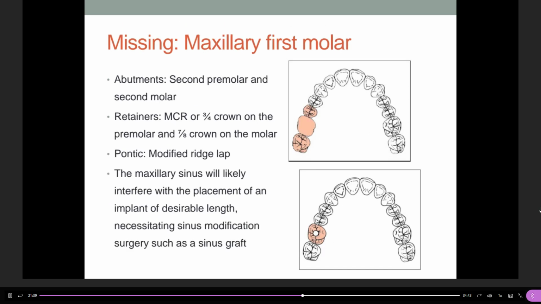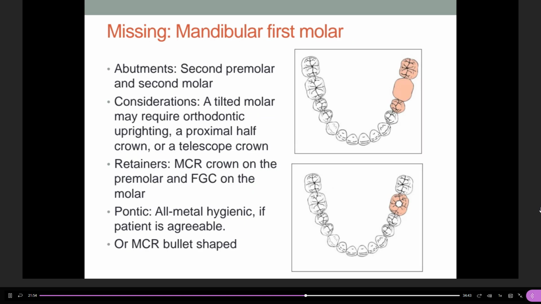Maxillary first molar missing is also a simple fixed prosthesis. The abutments will be second premolar and second molar. Similarly for the mandible, second premolar and second molar will be the abutments for a missing mandibular first molar.